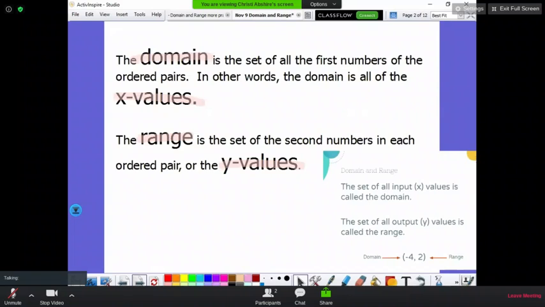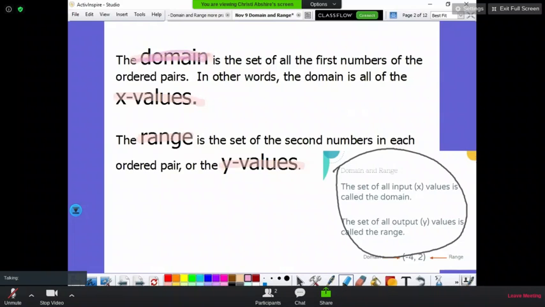You might remember this part right here from the beginning of our unit. The beginning of our unit, we use this definition for a domain and range. The domain is the set of all input values. Today, slightly different, but it means the same thing. The domain is the set of the first numbers in the ordered pairs.